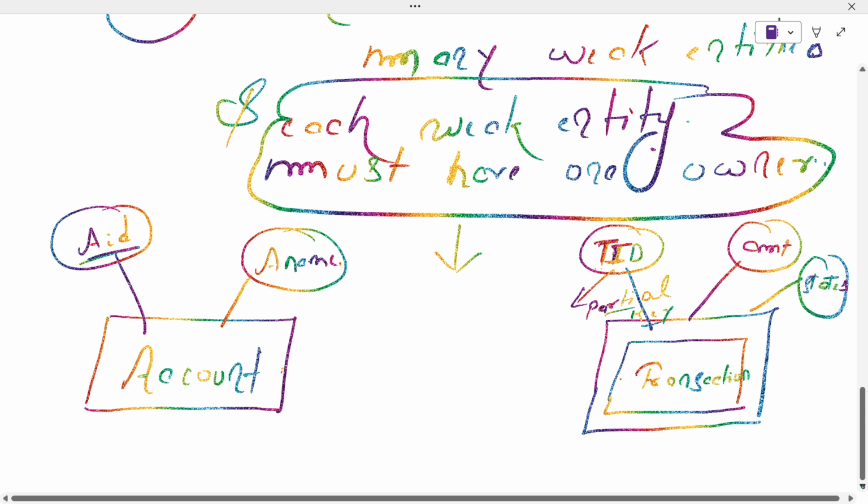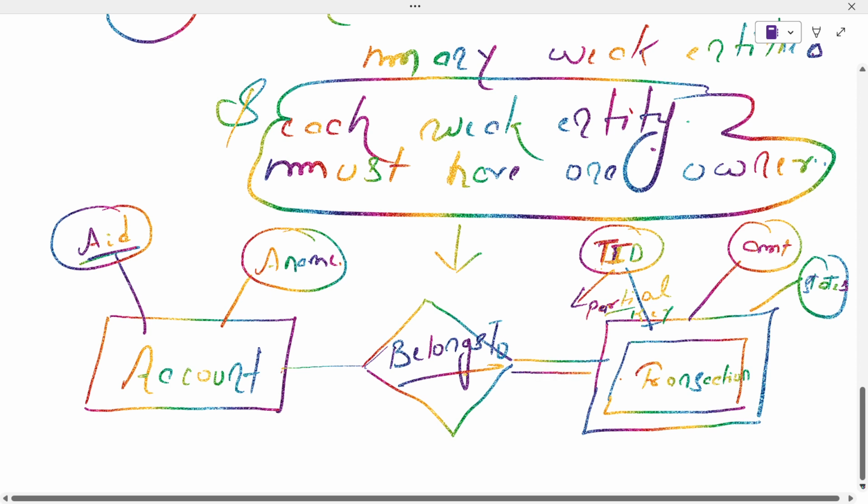So definitely there should be a relationship, so that each transaction belongs to a particular account by which it can be distinguished. So there will be total participation here, and this should be a 1 is to M relationship. Okay, so this is a must. Total participation is a must.